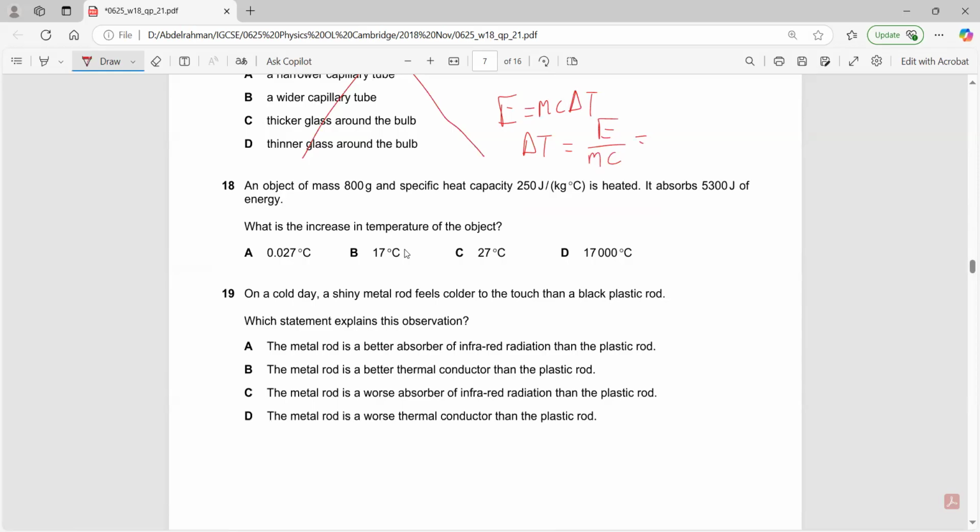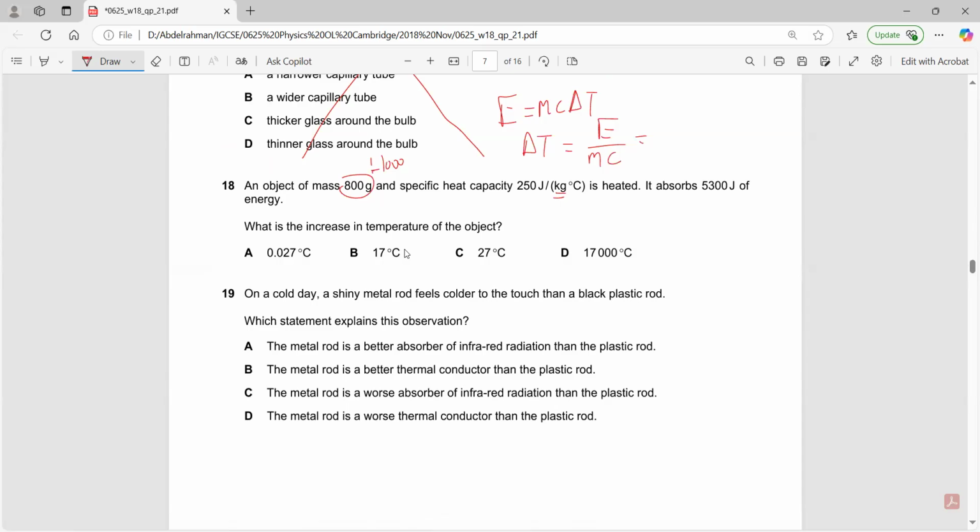But you need to take into consideration that the mass is 800 grams, and therefore you need to divide it by 1000. Why? Because the specific heat capacity is 250 joules per kilogram degree Celsius. If it was per gram degree Celsius, it would have been okay. You wouldn't have converted the mass, but here you need to convert it in this equation.